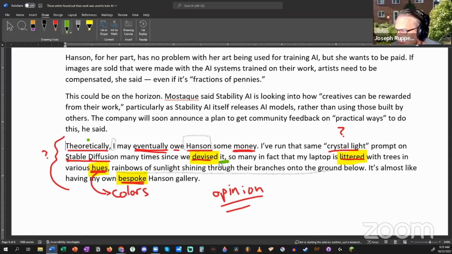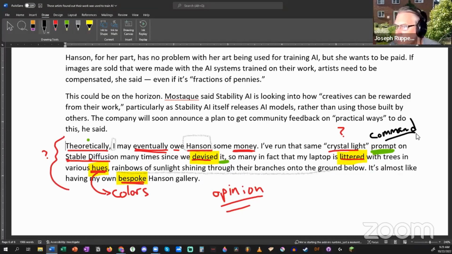So since we devised it, they invented this. Okay, so they invented the prompt. The prompt, I guess, for the AI is just the command. If you've done this AI art yourself, you type in something like a dog riding a bicycle or a piece of pizza rowing a boat, and the AI generates that artwork for you.